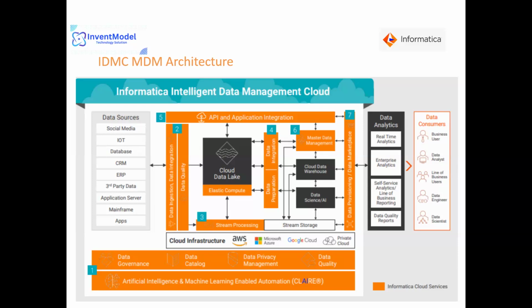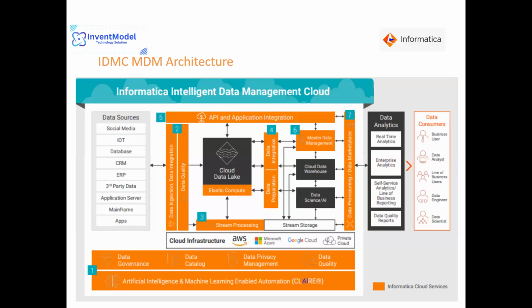So we are storing that data, and we can also get data from the API and the application integration. So we can also integrate different applications into our MDM. All the data comes into the cloud data lake, where we store our data.